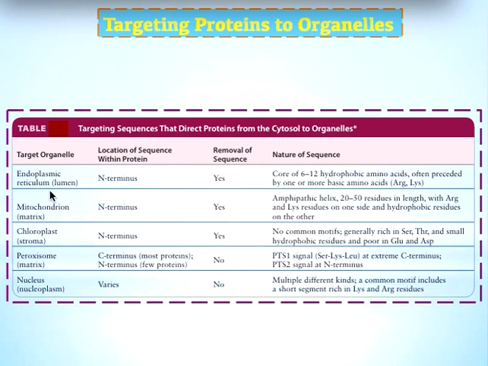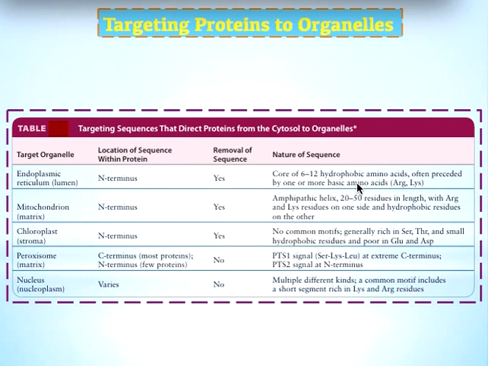Now, in case of mitochondria, the signal peptide is present on the N-terminal end, and this signal sequence must be removed as it happens in case of the endoplasmic reticulum. Talking about the features of the signal sequence present in the mitochondrial peptide, this sequence consists of 20 to 50 amino acid residues.